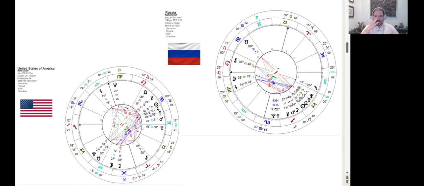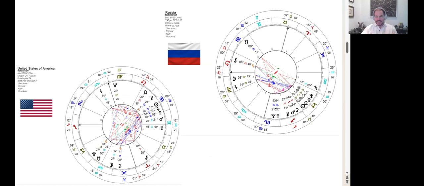So you can anticipate how that need to become a new nation with a new identity is part of that cardinality. And of course, it's ongoing. And then Russia is Capricorn, the opposite, with the Sun and Uranus, Neptune, the nodes as well in cardinal signs.